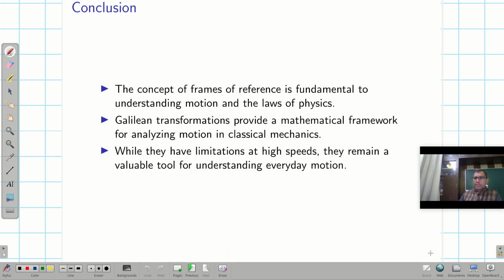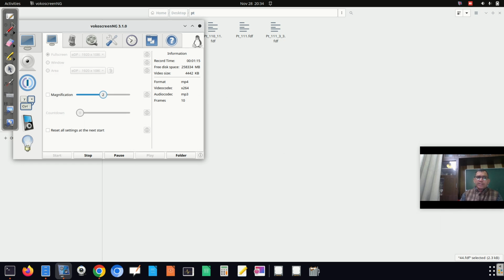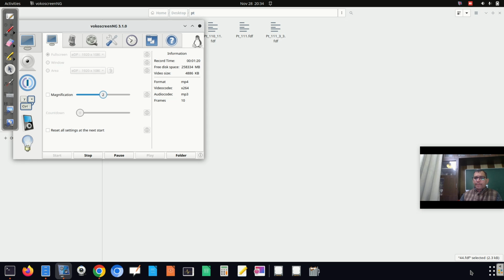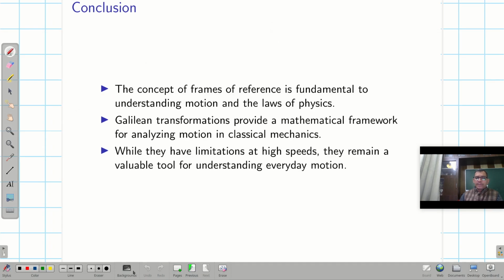Okay, so first of all I will talk about certain laws which are invariant under Galilean transformation.